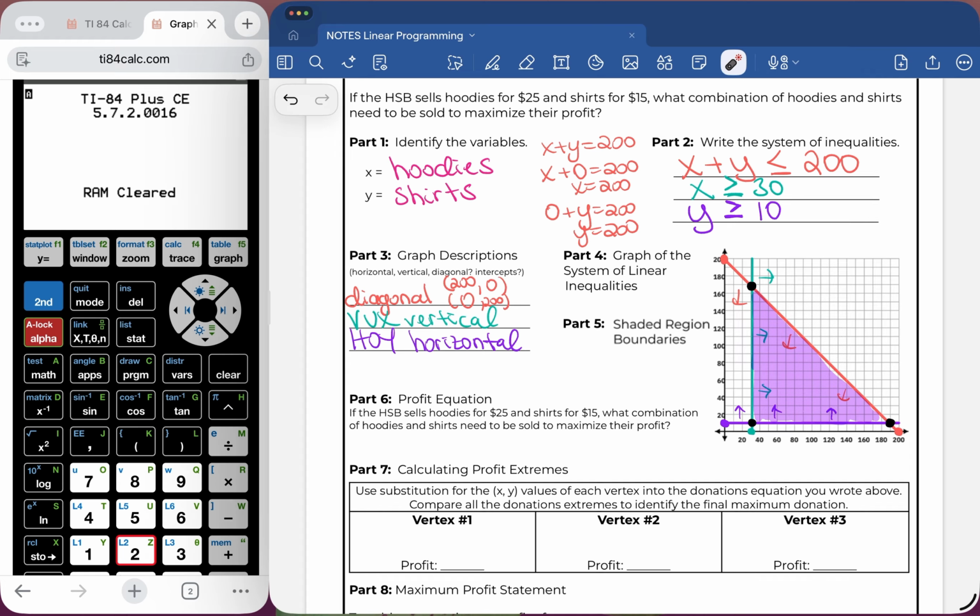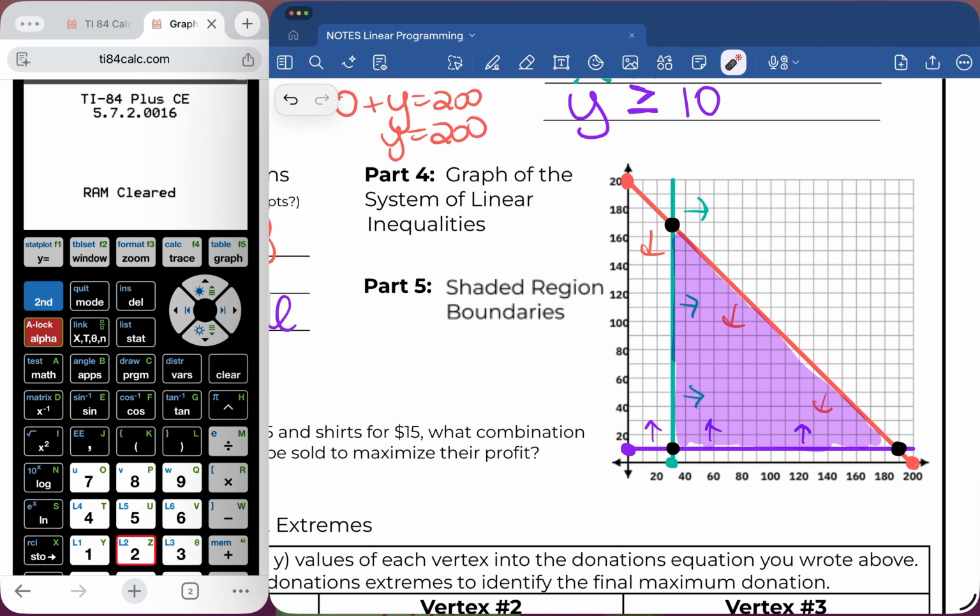So because we have a triangle, we have three that we're going to test. So I'm just going to take note of what those ordered pairs are. No particular order, so I'm just going to work my way from the bottom up and to the right. So it looks like I have a point at (30, 10).